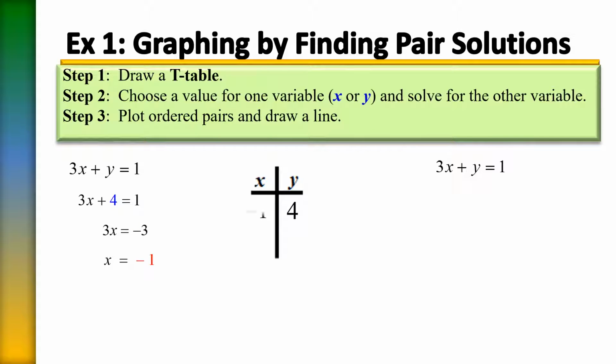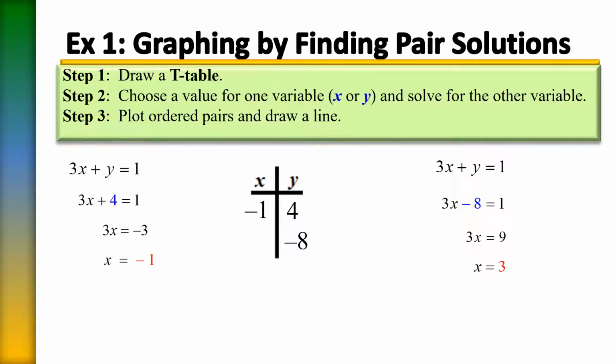Now I'm going to do the equation one more time, but this time I'm going to let y be -8. So if I remove the y, replace it with -8, the next thing I need to do is to add 8 to each side, then divide by 3, and x equals 3.